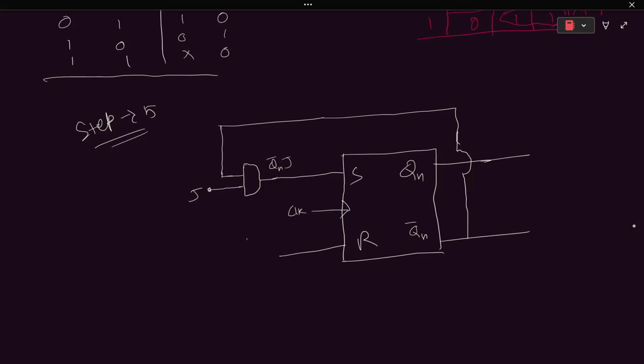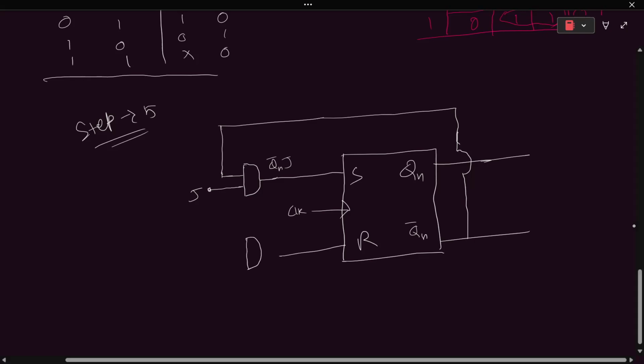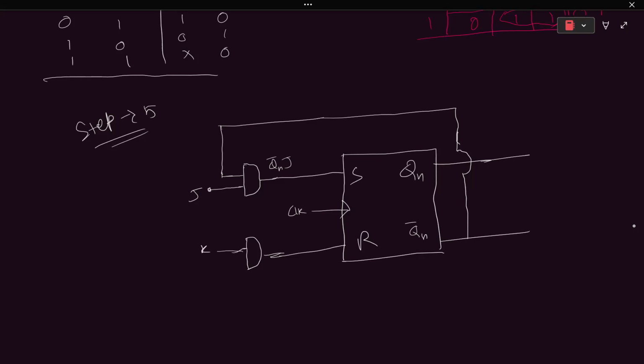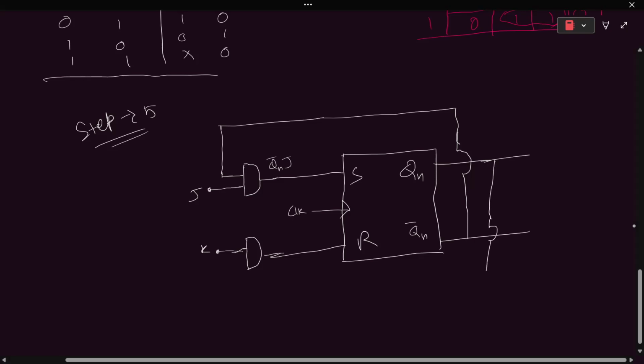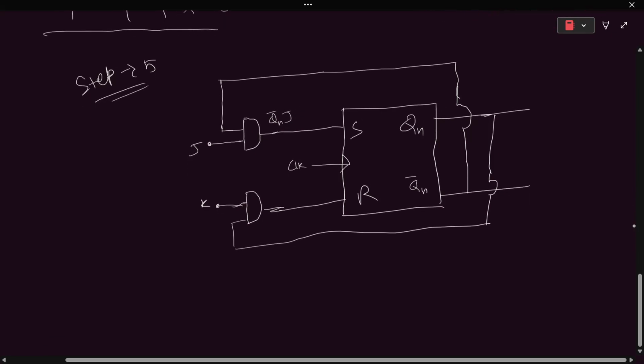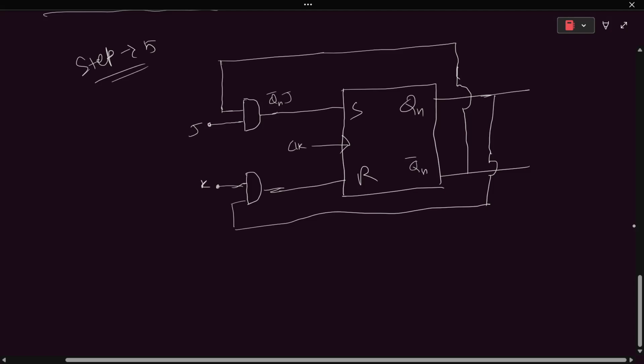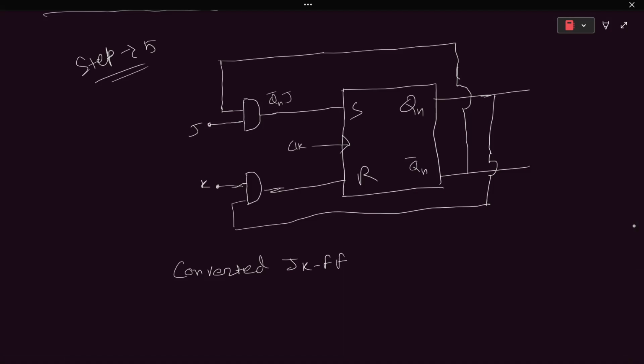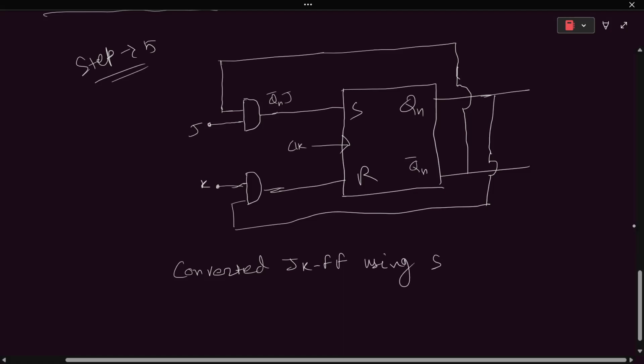And also the NAND gate is there. The NAND gate's first input is K. The second is Qn. Let's extend Qn here. So this is the converted JK flip-flop using SR flip-flop.